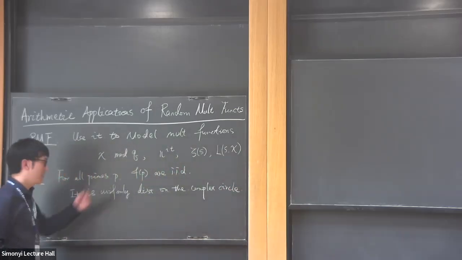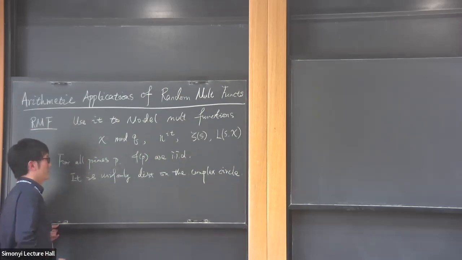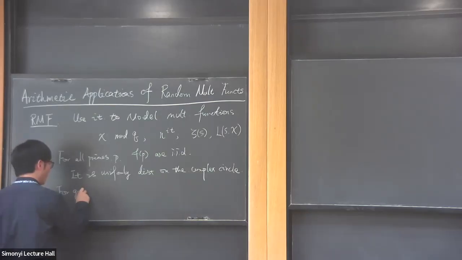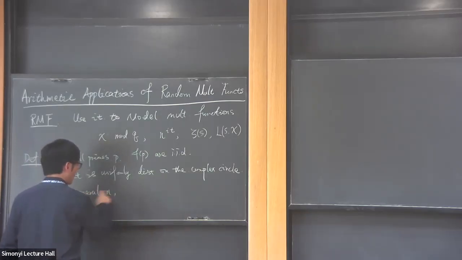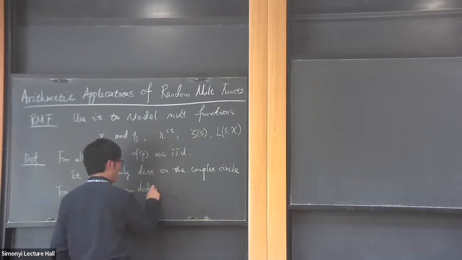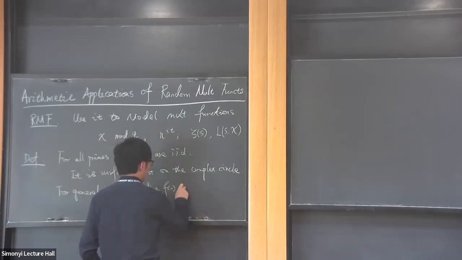So you define random variables on primes, indexed by primes, and then for general n, you define f(n) in the multiplicative way.